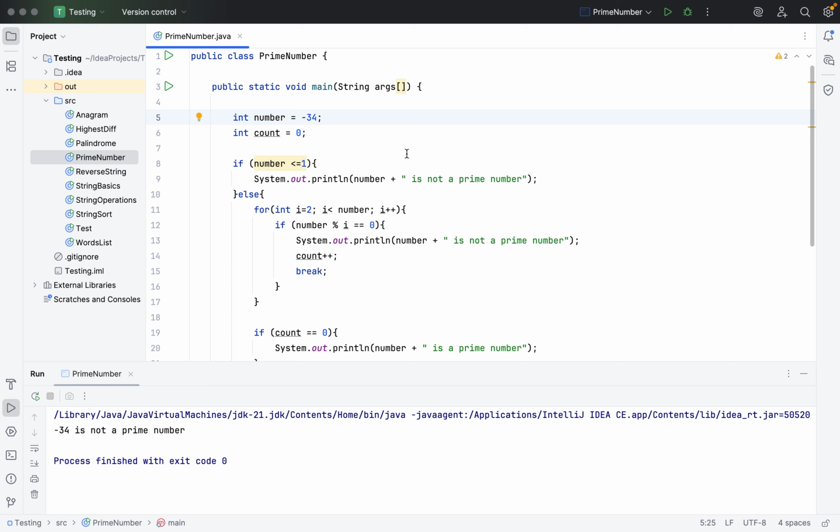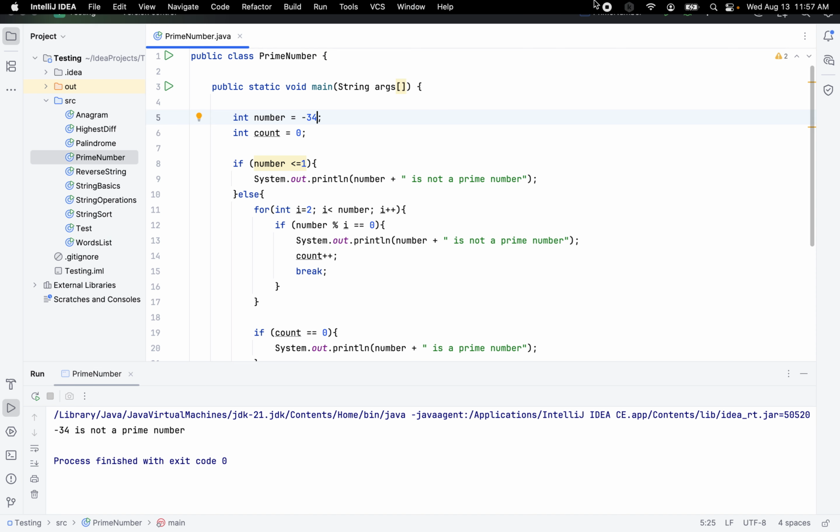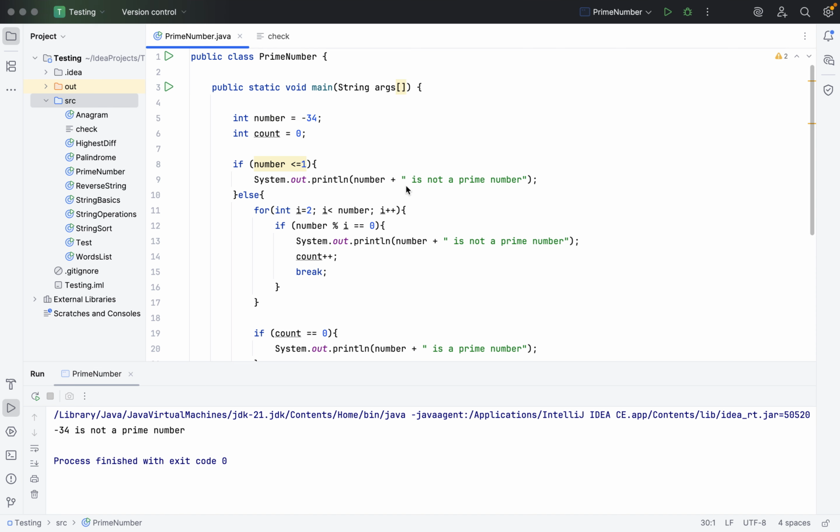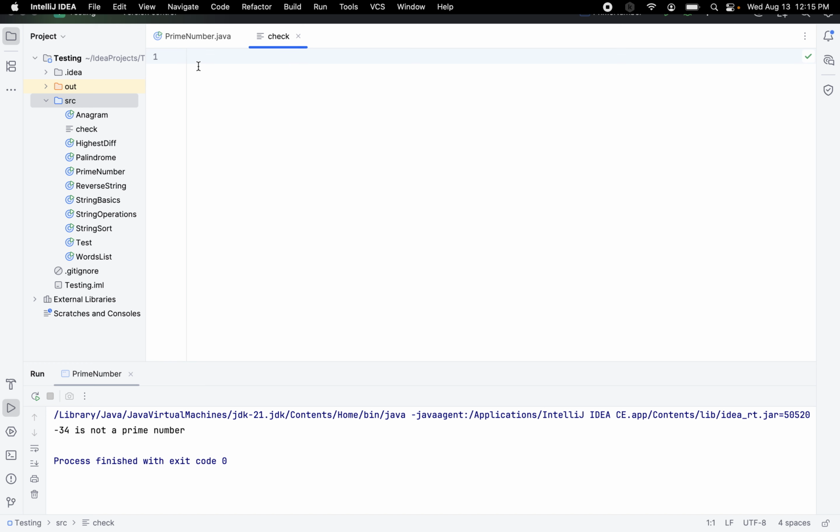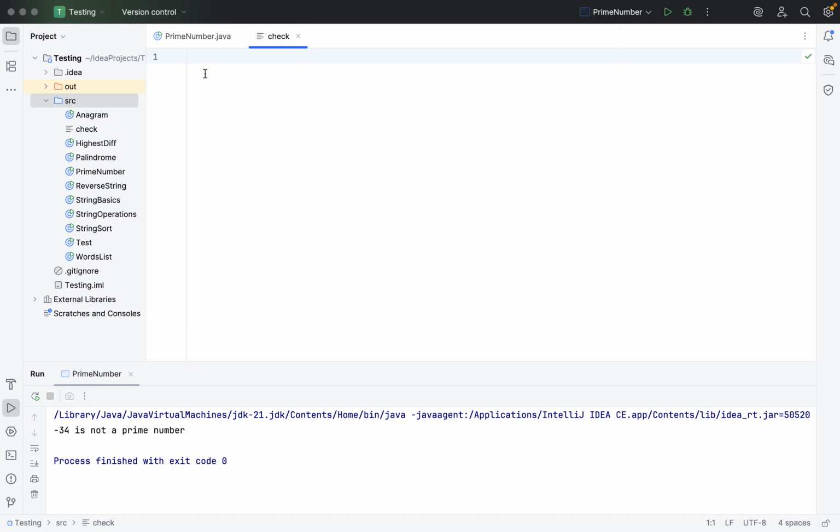There is a more efficient way to find it, and we'll look at it now. Instead of looping to the number, we will loop to the square root of the number. And why do we do that? Let's try to understand logically. If there is a number that is not prime, it will have some factors a and b.